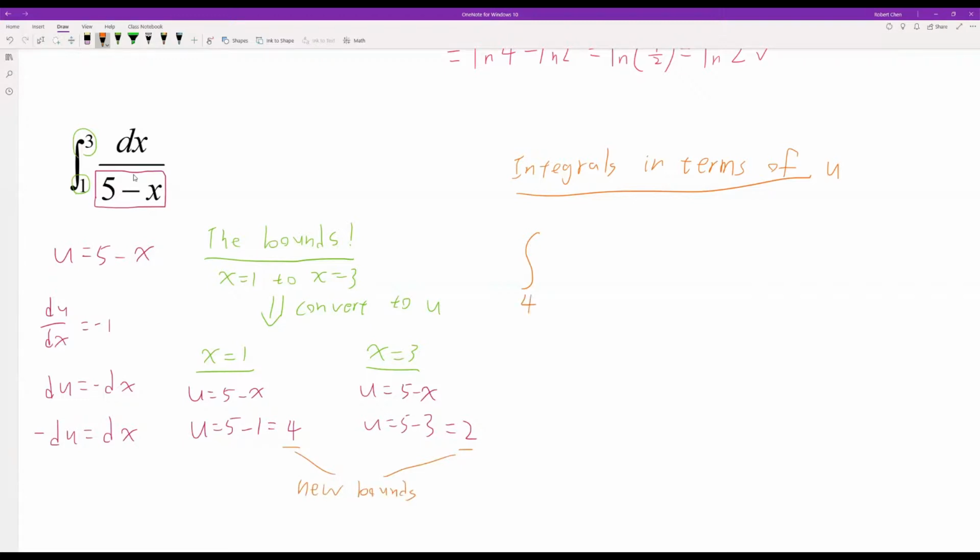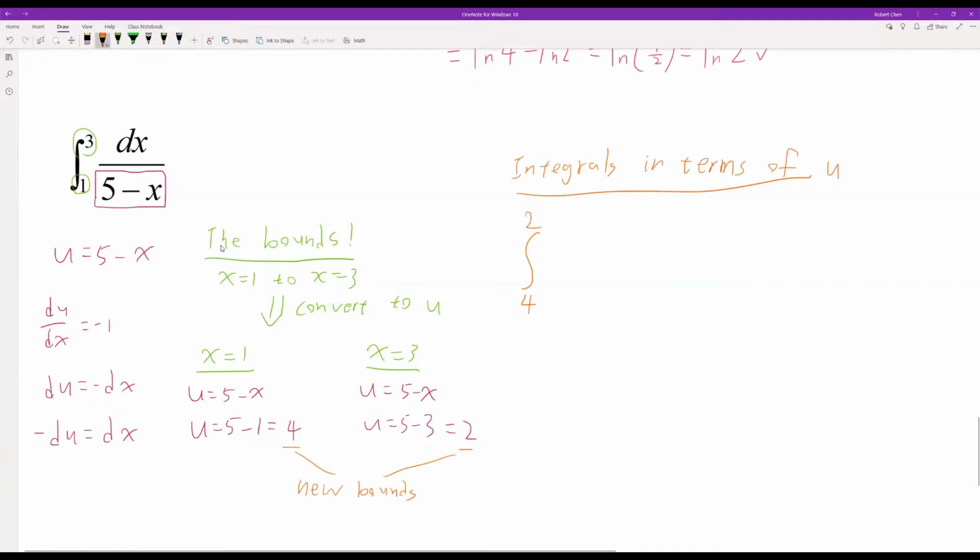Keep in mind that you have to keep the same bounds, right? So 1 is now 4, so it's still a lower bound, and the upper bound is 3, and now it's 2. It's okay if you have a lower value in the upper bound. That's fine. It doesn't have to go from 2 to 4. It can go from 4 to 2.